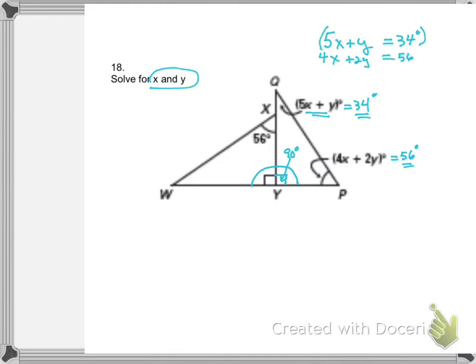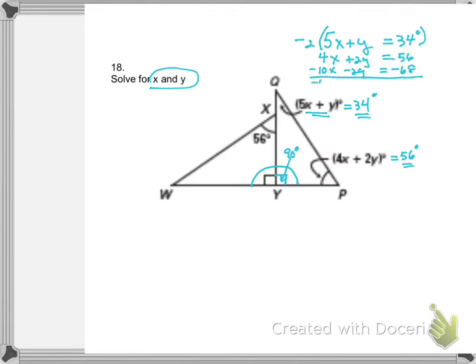I'm going to multiply this top expression by a -2. I'm going to write the result down below. This is going to be negative 10x negative 2y equals negative 68. Take these two equations, add them together.